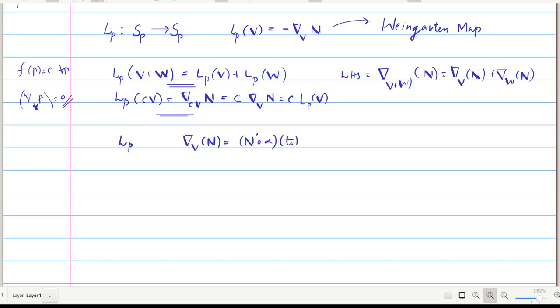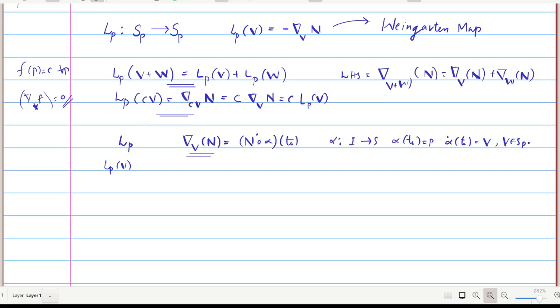Here alpha is a parametrized curve from I to S with the property that alpha of t naught is equal to p and alpha dot of t naught is equal to V, the vector V in the tangent space S_P. So in fact this L_P V measures the rate of change of n with respect to V.